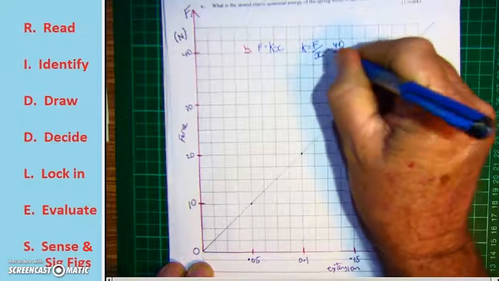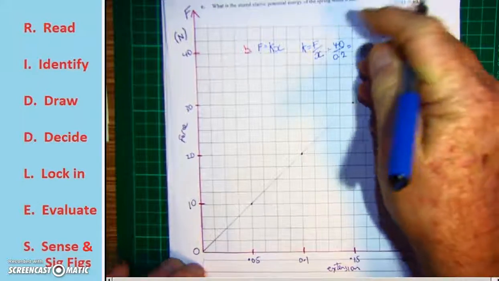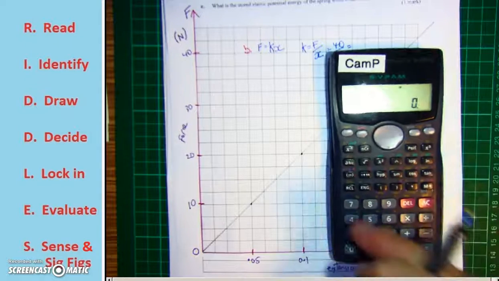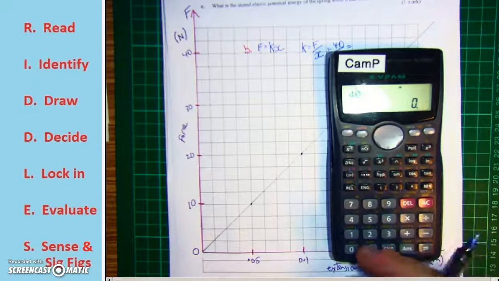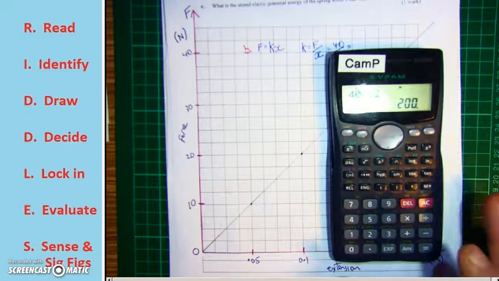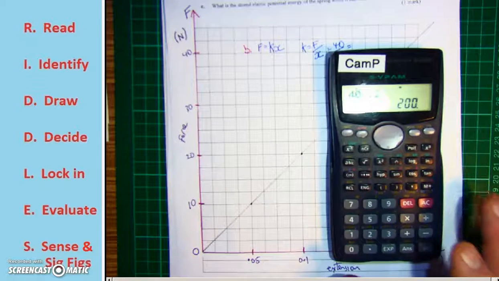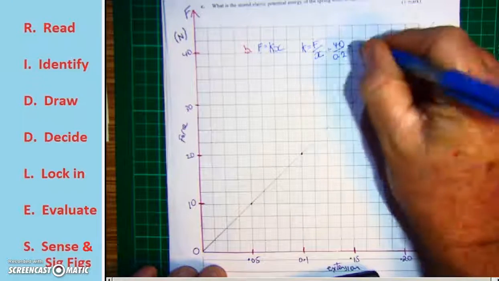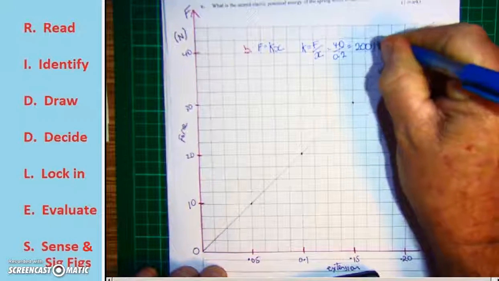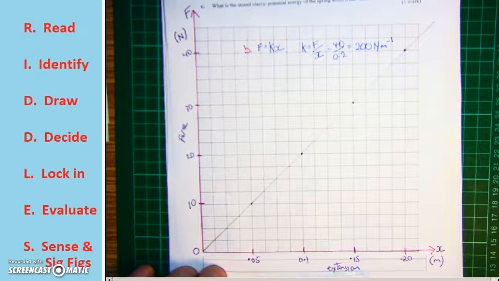So with my calculator, 40 divided by 0.2 equals 200. The spring constant k is 200 newtons per meter.